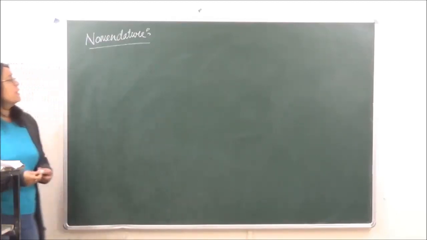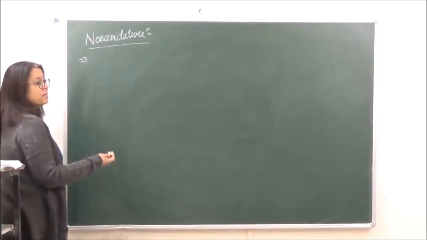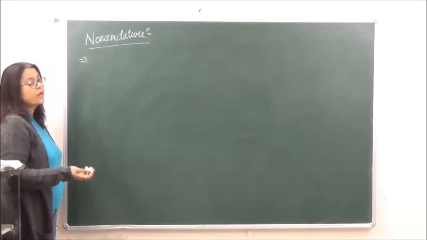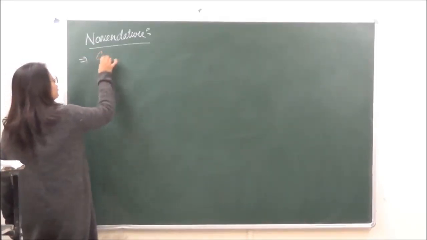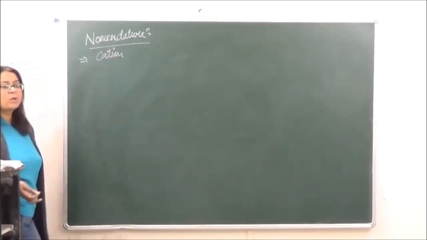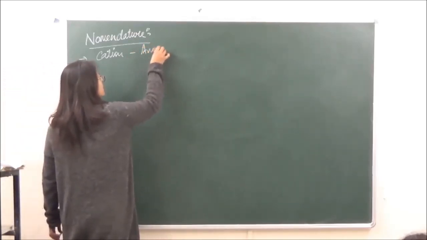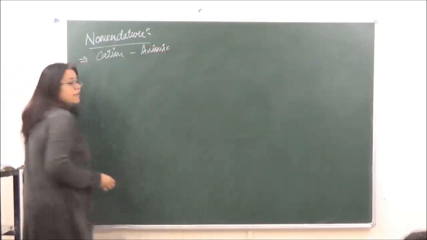When we are naming any coordinate compound, we name in a similar manner as we name any simple inorganic compound, which means that always the name of the cationic species is going to come first, and the name of the anionic species is going to come later.